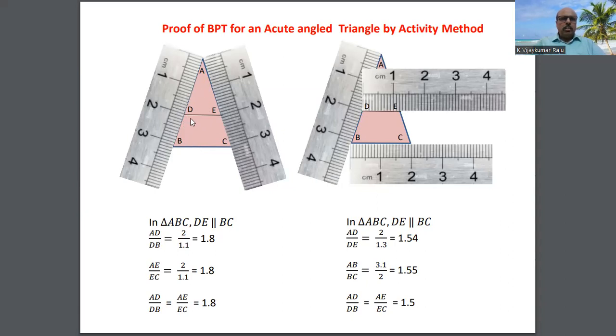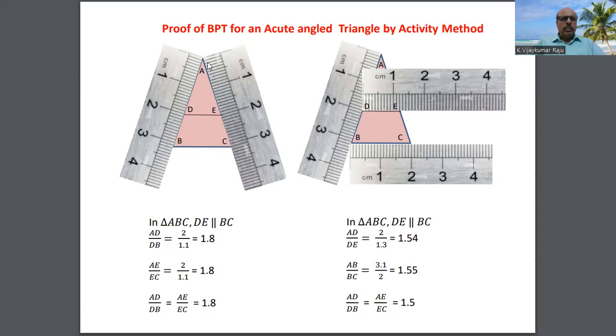So, I have drawn this DE parallel to BC and let us measure the length of AD. If you read from the scale, it is 2 centimeters. And the length of DB is 1.1 centimeters. So AD upon DB is 2 upon 1.1, which is 1.8. The ratio happens to be 1.8.